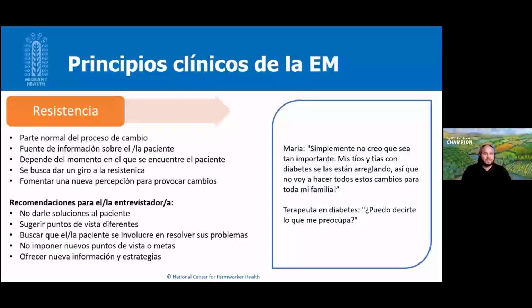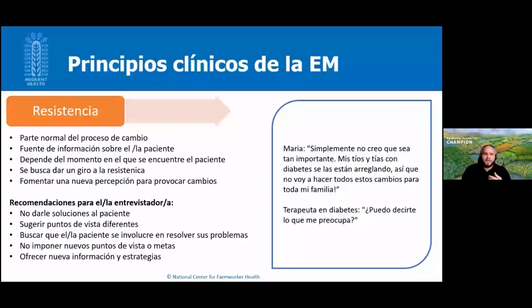And lastly, we need to offer new information, alternatives, strategies. We're not going to try to impose our will, but we're going to give them the information and encourage them to reach a point of reflection to where they might think, okay, you know what, I'm open to this and I'm learning new information so that I know that I can do something.